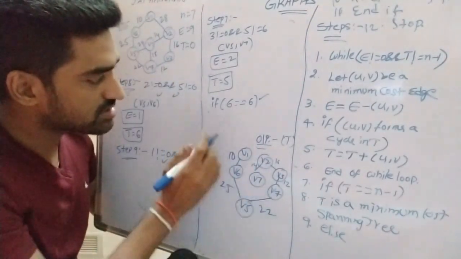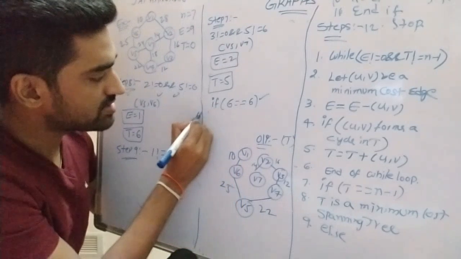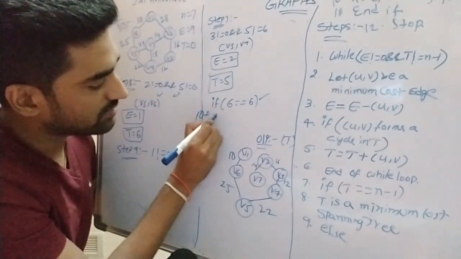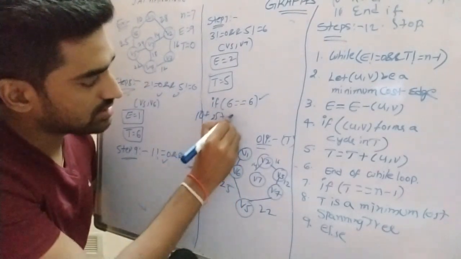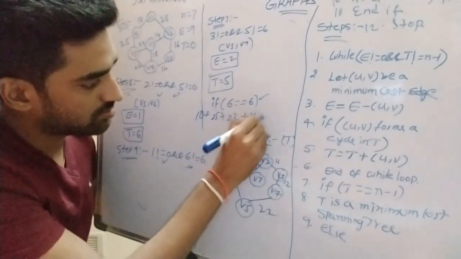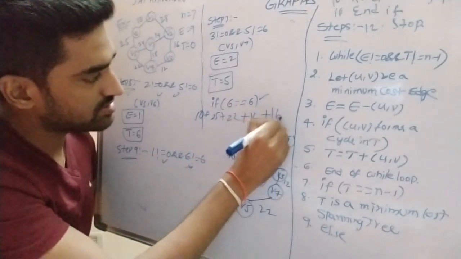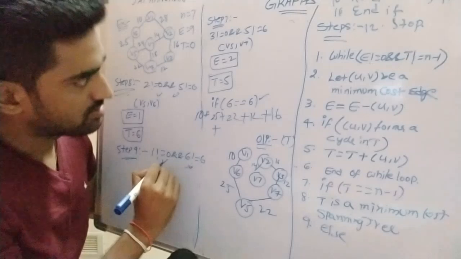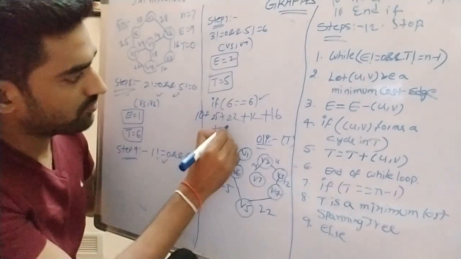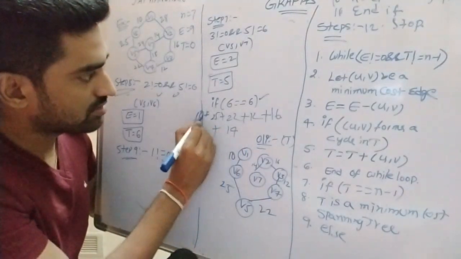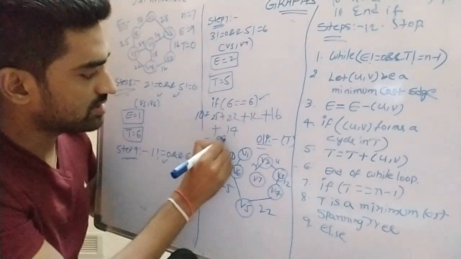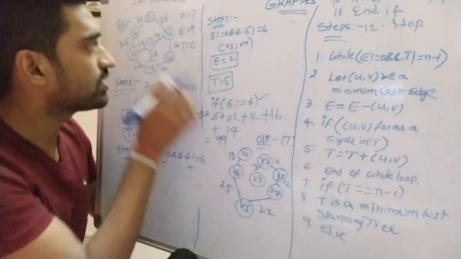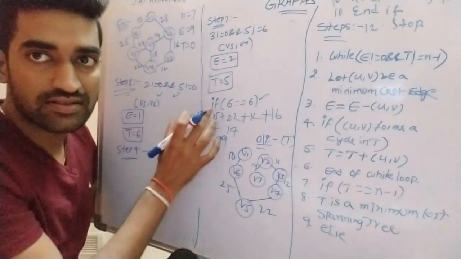So what is the minimum cost? 10 plus 25 plus 22 plus 12 plus 16 plus 40, which is equivalent to 99. So the minimum cost for this weighted graph is 99.